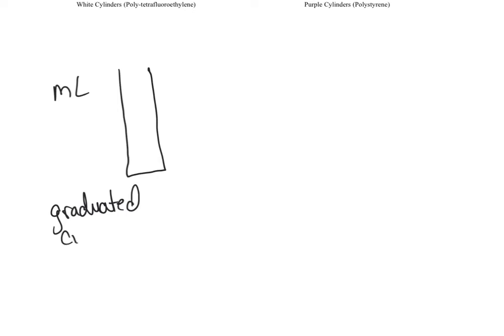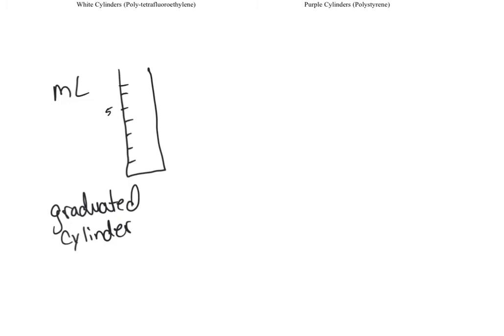Okay, and to measure in milliliters, we use a tool that is called a graduated cylinder. Right, from the picture that we showed before, right? And it's got these markings on here so we can tell what the volume of a specific liquid is.